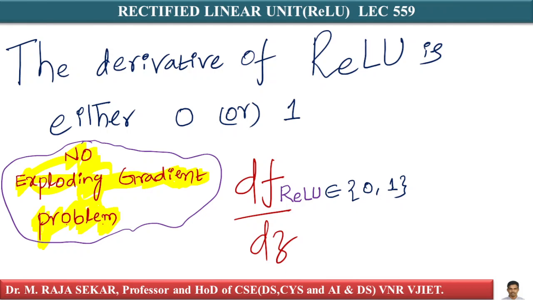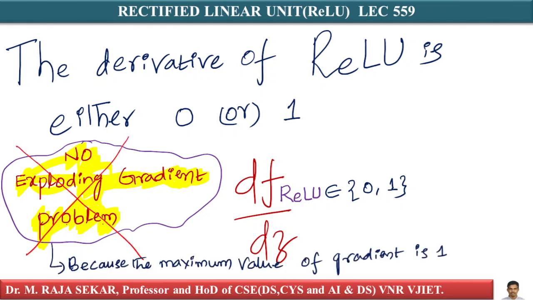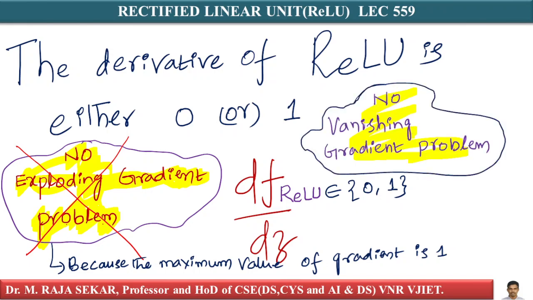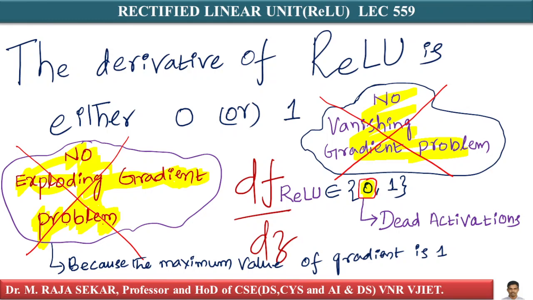You don't even have the problem of vanishing gradient, isn't it? Why? Because your derivative is not in between 0 and 1, but there is a value of 0 here. Just try to understand, this takes the value 0. You could have a problem called dead activations.